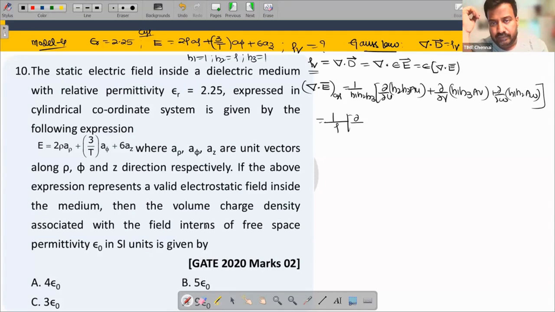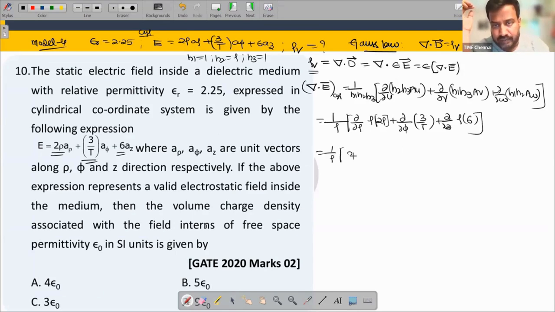So 1 by rho of dou by dou rho of rho times A rho, which is 2 rho, plus dou by dou phi, H1 is 1, H3 is 1, A phi is 3 by phi, plus dou by dou z, H1 is 1, H2 is rho, Az is 6. 1 by rho of dou by dou rho of 2 rho square, plus there is no phi term, 0, and there is no z term, 0.